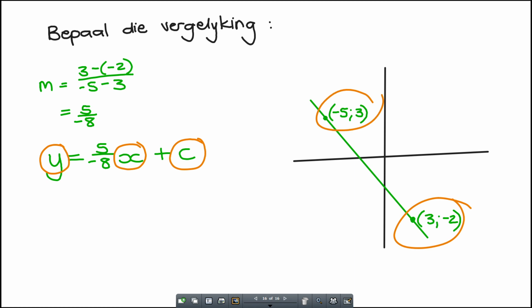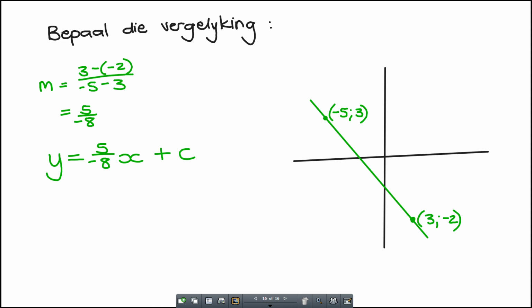A x value, daar skakel ek vir x uit, en 'n y waarde, skakel ek vir y uit. So wat gaan dan al oorbly as my onbekende? Net c, dan kan ek vir c uitwerk. So we substitute in any one of those 2 points. Kom ons gebruik maar die boonstene.